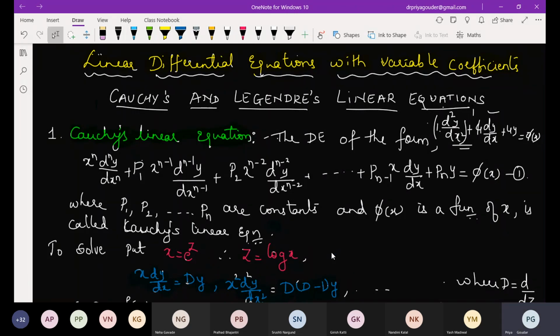Now along with dy by dx, what is its coefficient? It is 4. Even for y the coefficient is 4. So you can see we have the coefficients as 1, 4 and 4. Tell me, are they constants or variables?